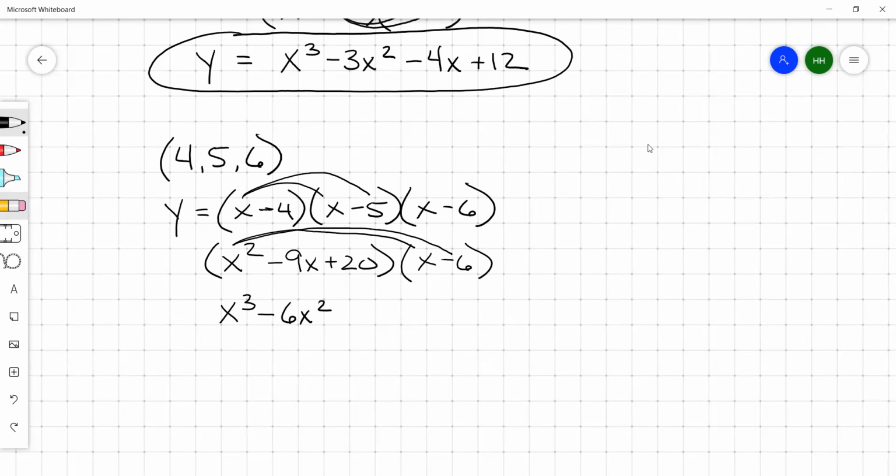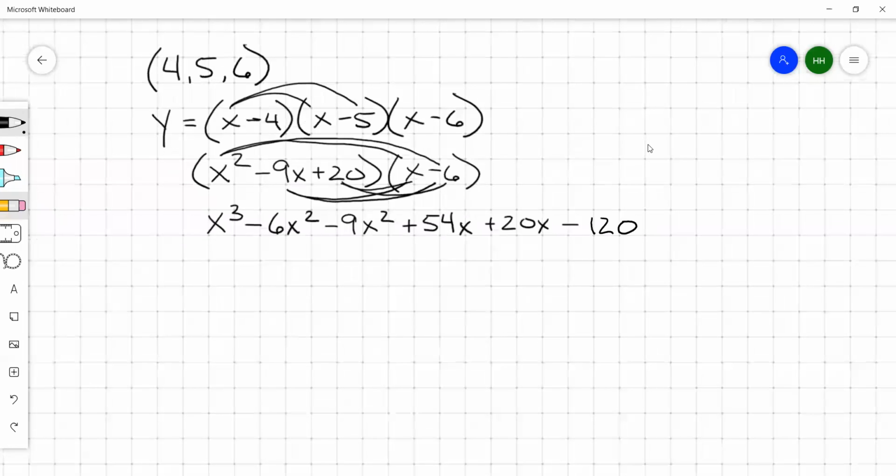You got to take your -9x and multiply it by the x, and that gives you -9x squared. And the -9x times the -6, that's +54x. And now you got the 20 times the x, which is +20x. And you got the 20 times the -6. And 20 times -6 would be -120.